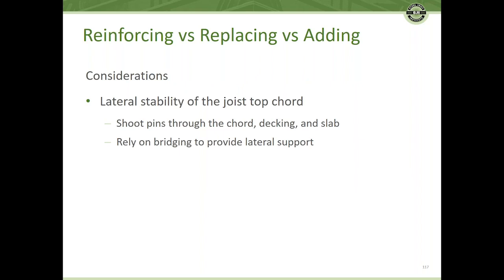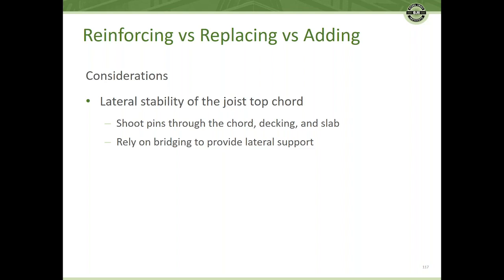When we're looking at replacements of joists, we need to look at the lateral stability of the joist. Typically, the top chord lateral stability is provided by the deck attachment, and so if we're doing a replacement or adding a joist, we need to be very careful about how that top chord is going to be laterally supported.